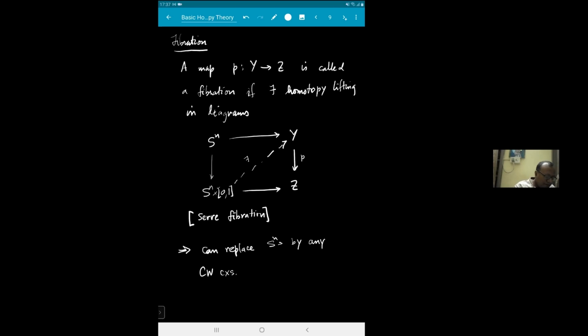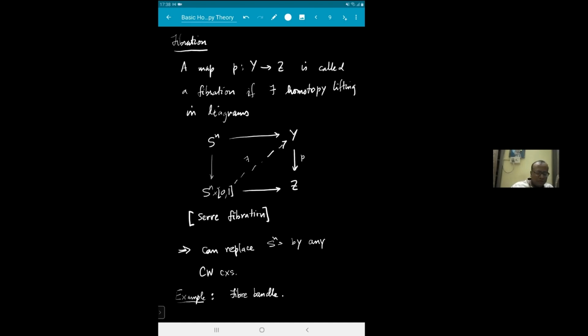The main example here is that of a fiber bundle. If you know that already, it's still not easy to see this, but it's a proposition in the book, so it takes a little bit of work.